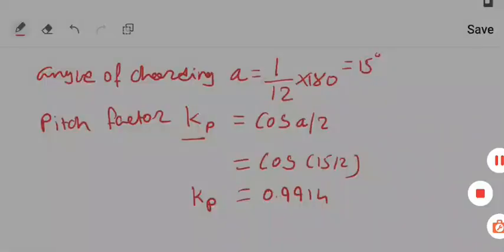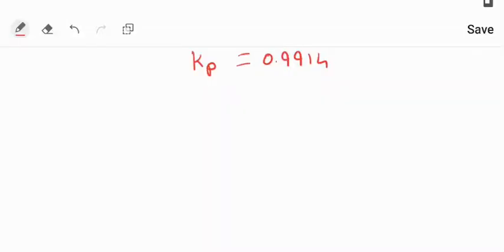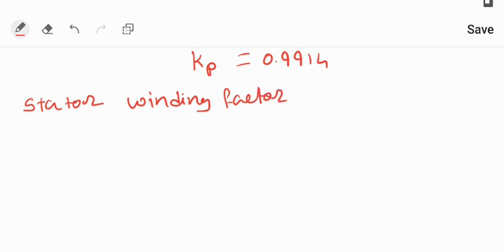Now we will find the value of the stator winding factor. For the stator winding factor, we consider Kd and Kp.